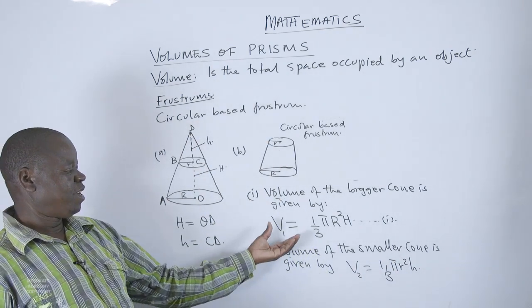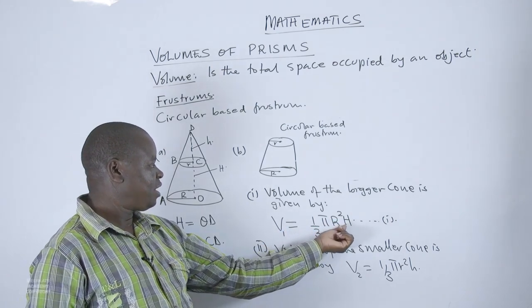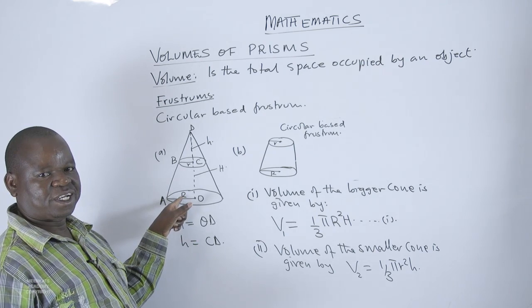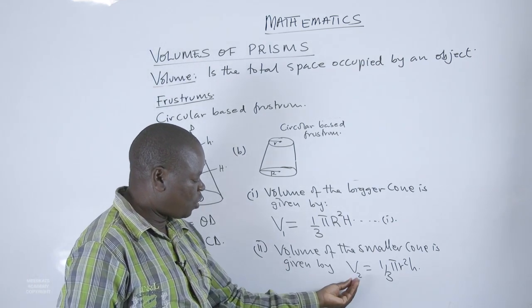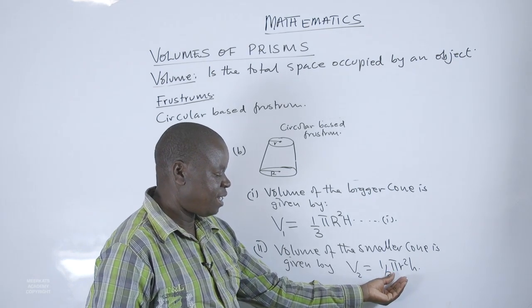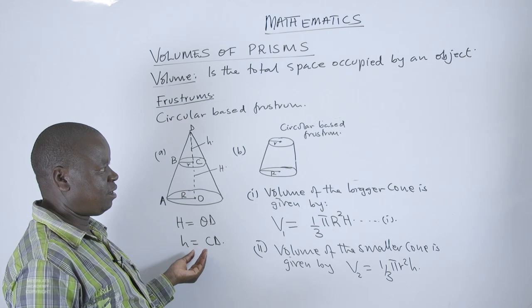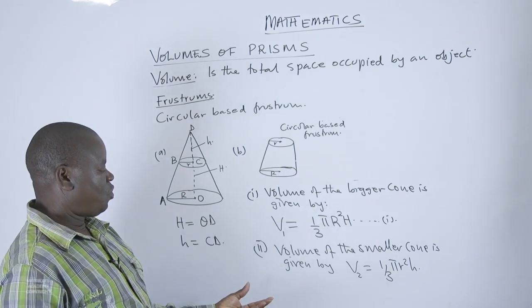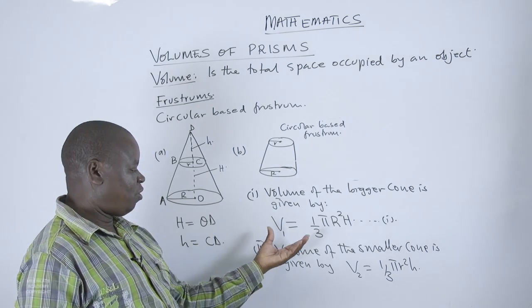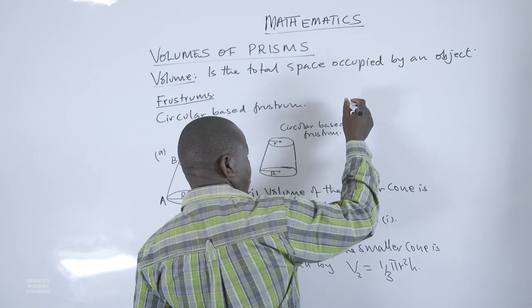So the volume of the bigger cone is given by a third pi R squared H, because the base radius is capital R. And the volume of the smaller cone V2 is given by a third pi r squared small h, as we had already defined. So from these two volumes, we are now able to calculate the volume of the frustum.